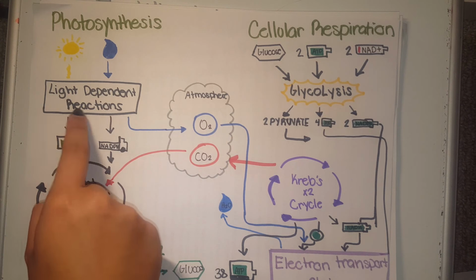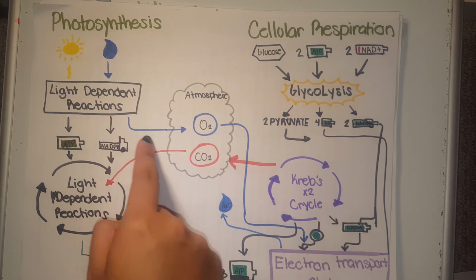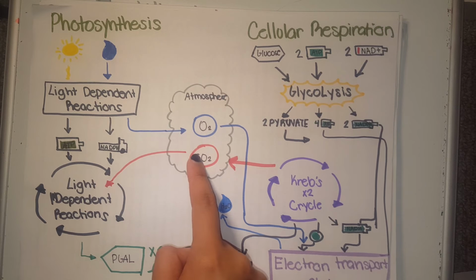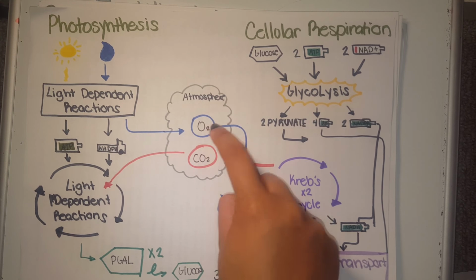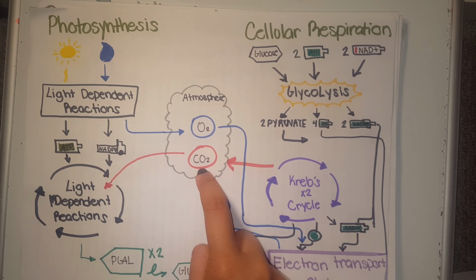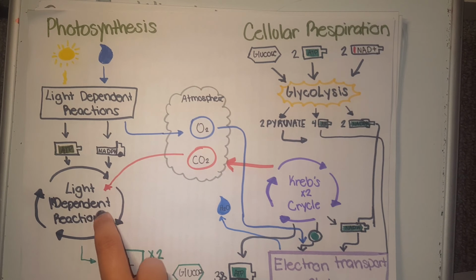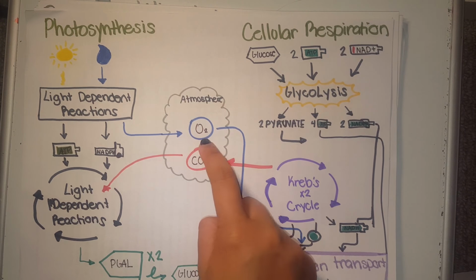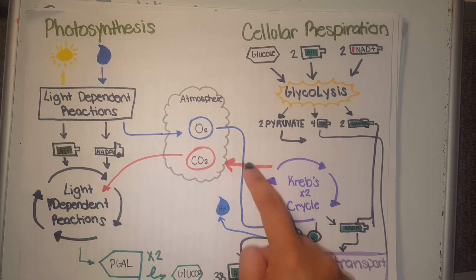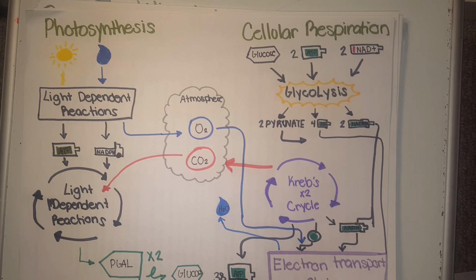In the light-dependent reaction, the water gets evacuated to the atmosphere, producing oxygen. Carbon dioxide in the atmosphere goes inside the light-independent reactions to help with the process. The oxygen goes over to the electron transport chain.